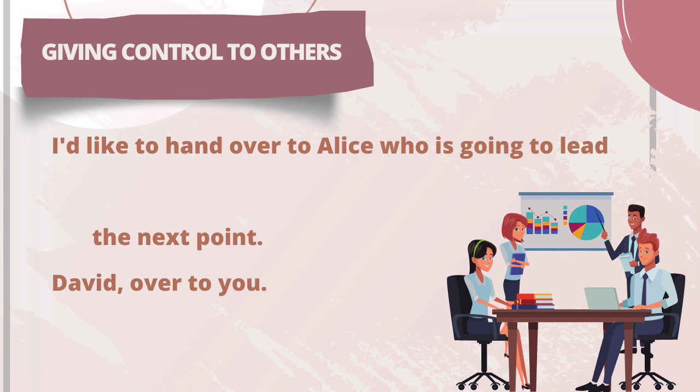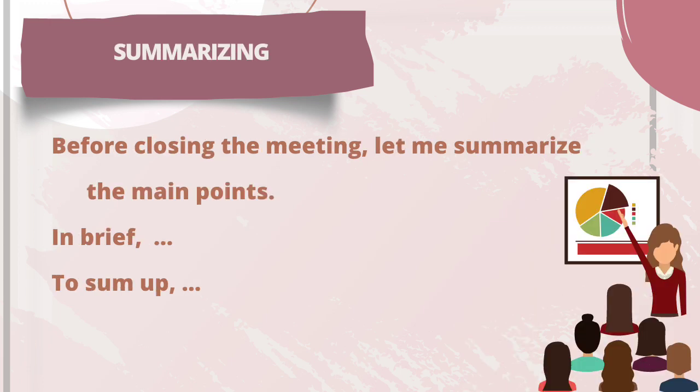The examples of giving control to others are, I'd like to hand over to Alice, who is going to lead the next point. Or the simpler one, David, over to you. The first example is more formal and the second example is more casual. So it depends on the situation of the business meeting.